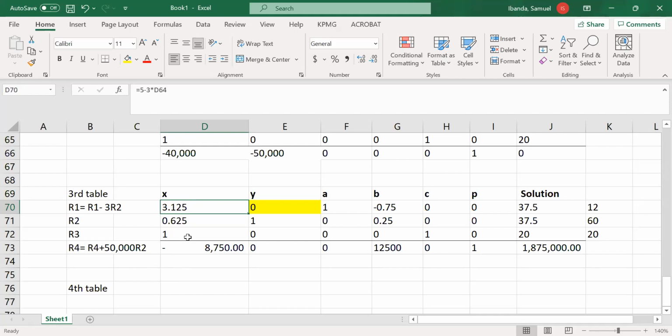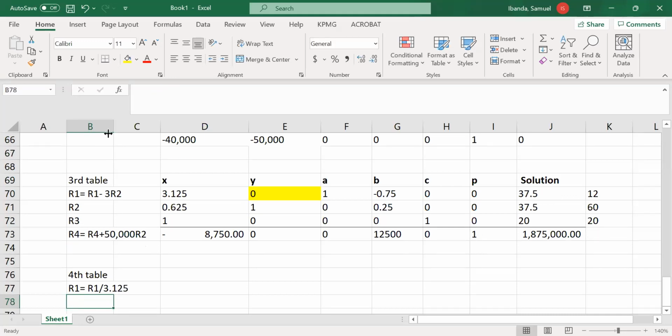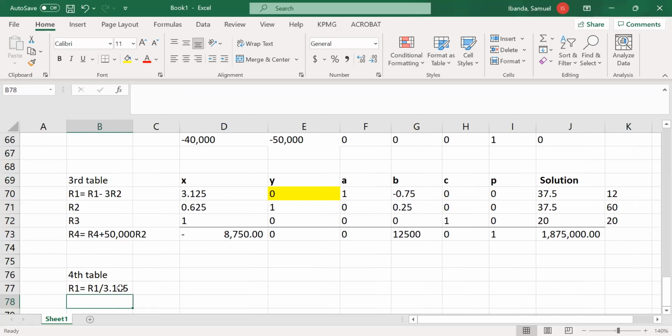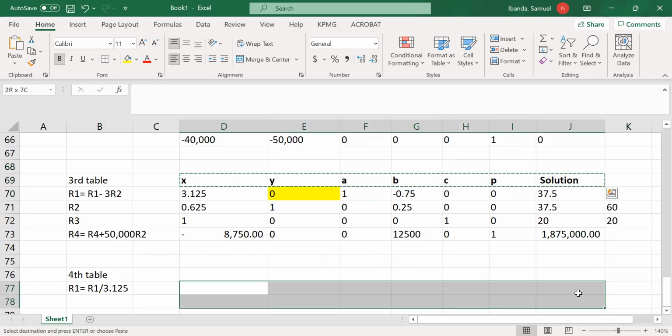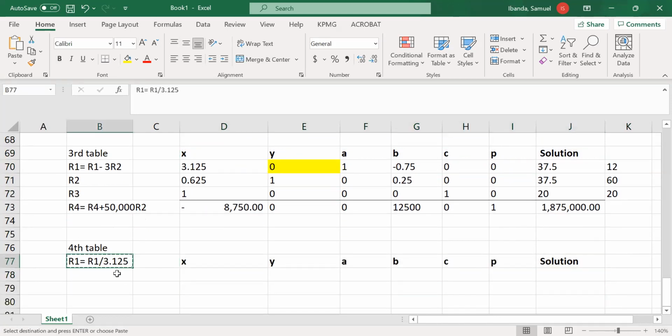So we are going to divide our row 1, which is equal to row 1 divided by 3.125. So we are going to divide across by 3.125. Okay, we are going to make this 1. So I'll just write this here. Okay, this one is supposed to be down here. So this will be 1.